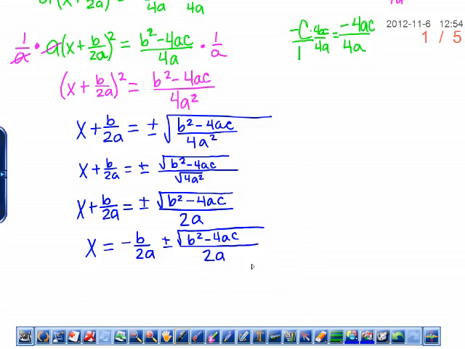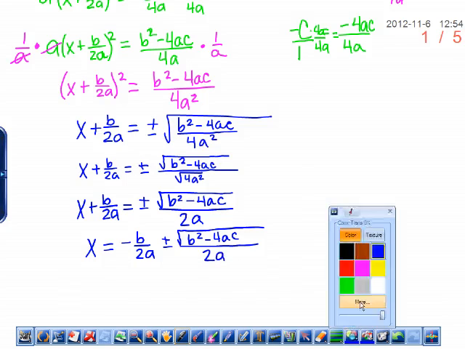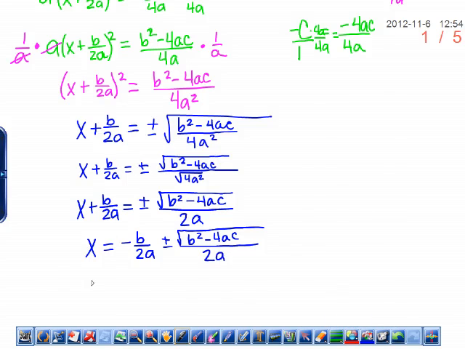And what do you notice about our denominators? They're the same, so we can combine these. So we get x equals negative b plus or minus the square root of b squared minus 4ac all over 2a.